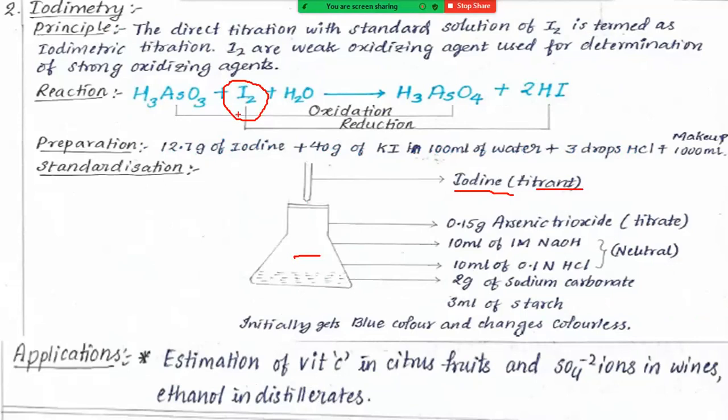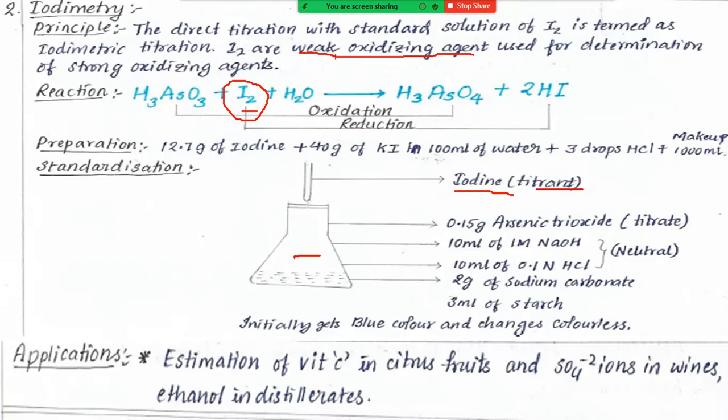But the problem here is that iodine is a very weak oxidizing agent. It is not a strong oxidizing agent like potassium dichromate or potassium permanganate. And the solubility of iodine is also very poor. So generally we use iodine along with potassium iodide, because the solubility of iodine in water is very poor.